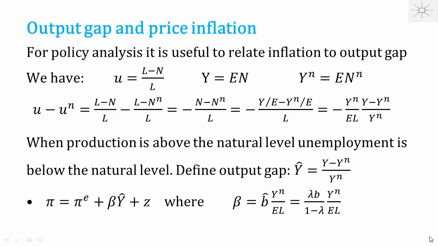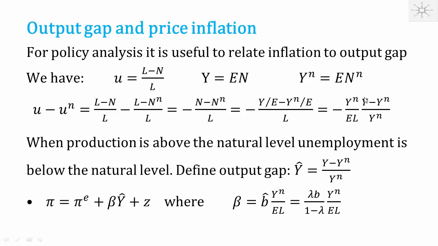And if you use these relations, you can find that the deviation of unemployment from the natural level is equal to the expression on the right-hand side, which is one factor here, times the output gap, which is the deviation of production from its natural level divided by the natural level.